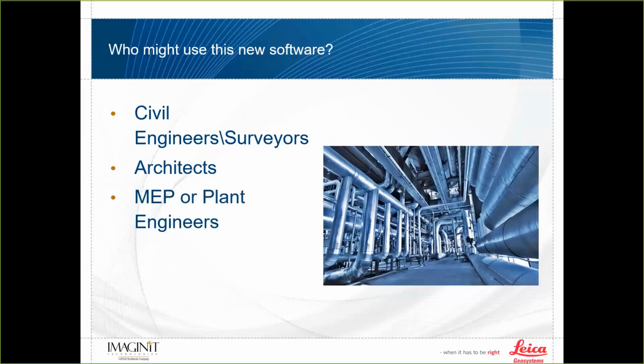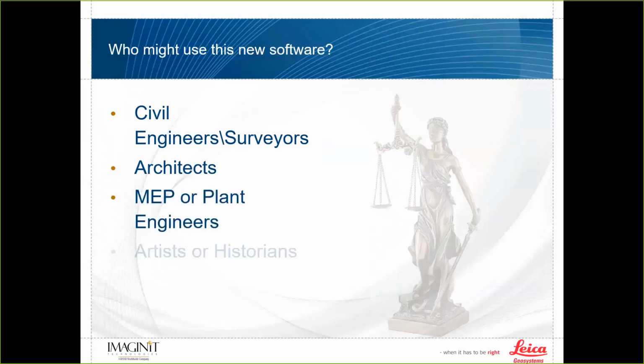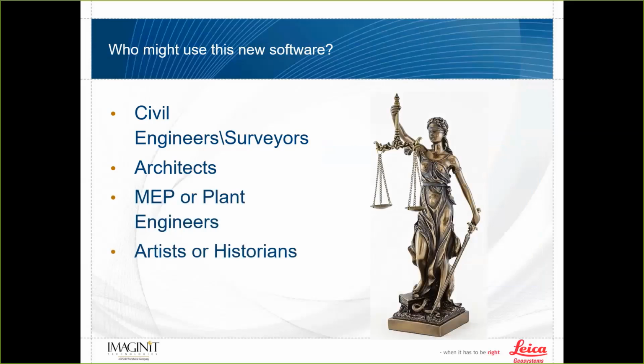All right. And then the last one I'm going to cover, but it's certainly not the limits of the software: artists, historians. We might find folks who are looking for the software to recreate pieces and parts to objects.